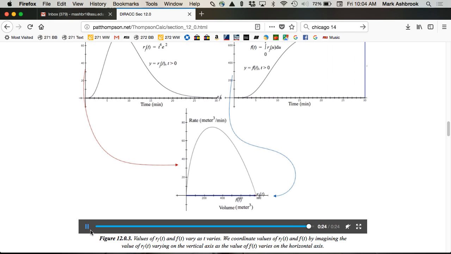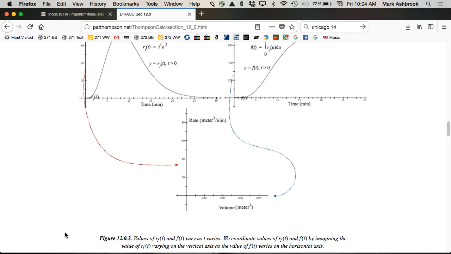Just watch it one more time. So they're color coordinated. So you got blue coming from the blue function value on the right, and then the red coming from the red function value on the left.